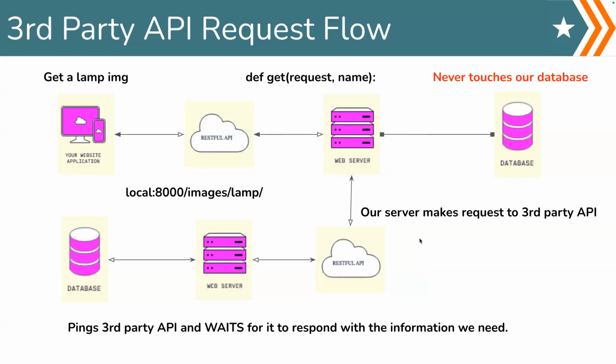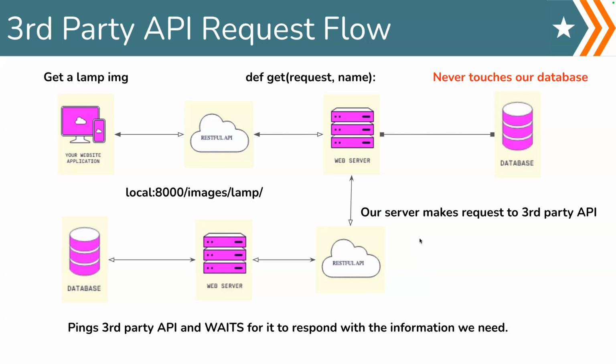So here we have our client that sends a request to our own Django API, right? Our own Django API doesn't touch our database in this case because it's going to use an external API. Instead, our Django server sends a different API request to a third-party API, kind of like a connecting file to another server.